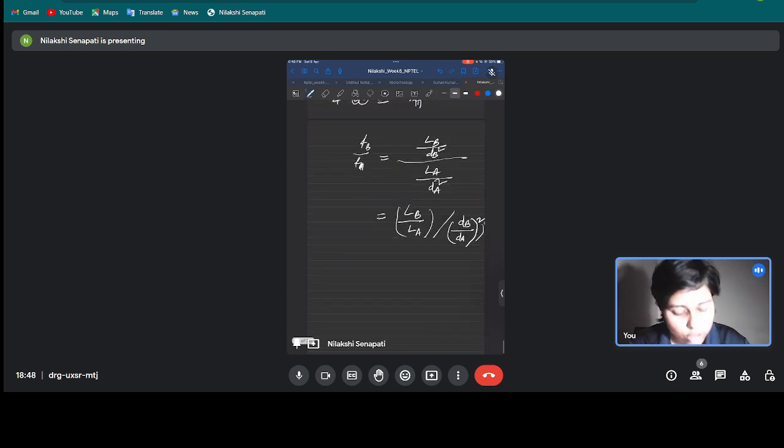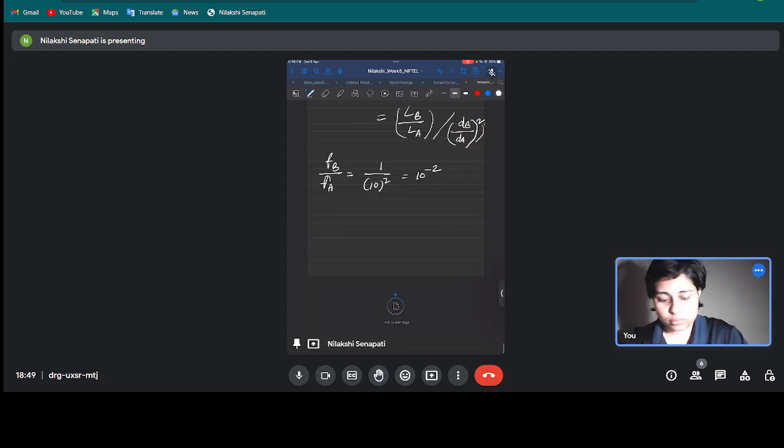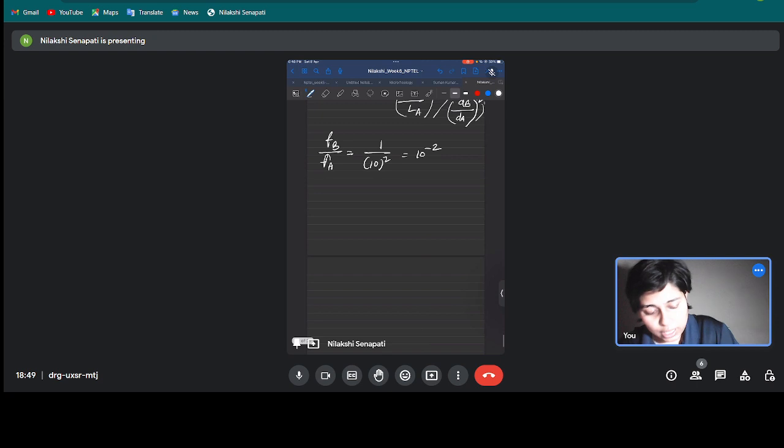Then if we do so, FB by FA is equal to 1 by 10 square, is equal to 10 to the power minus 2. And if you talk about the difference in the magnitude, then MB minus MA is equal to 2.5 log FA by FB, that is equal to 5.